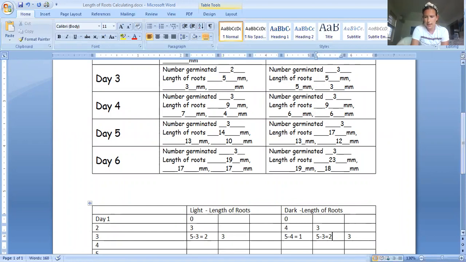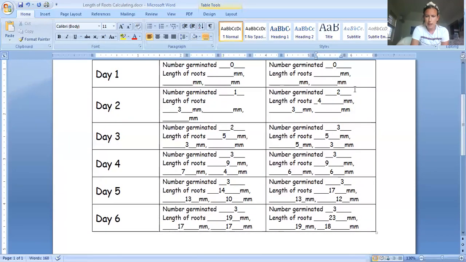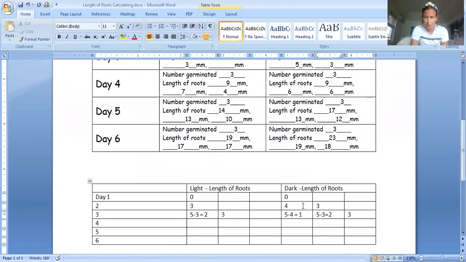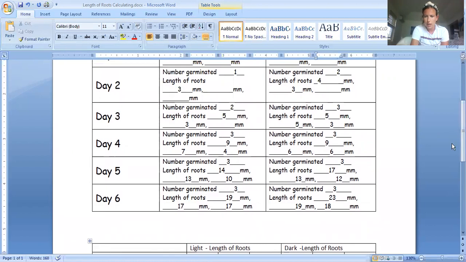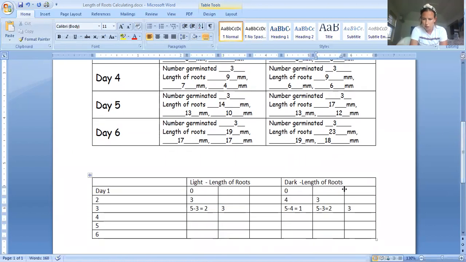Then I've looked at day 2, the dark side, and I see that 2 of my beans have germinated. So I've got 4. My first bean was 4, so I've put 4 in this box. And then I've also got 3. My second bean has grown 3 millimeters. And these are its roots that you've been measuring.